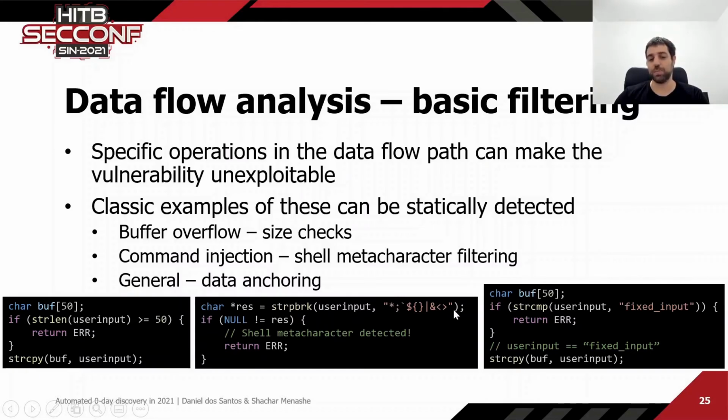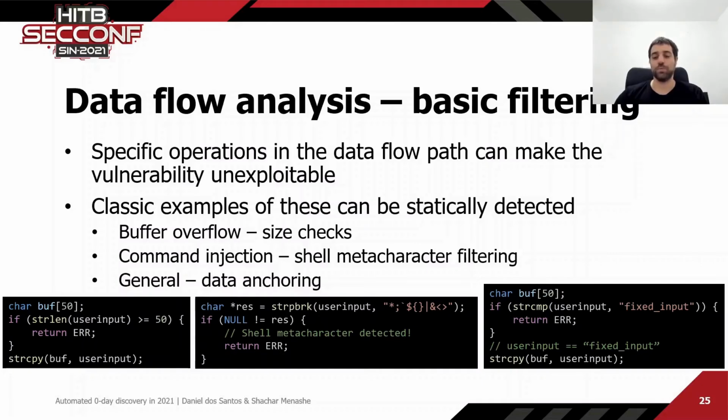And there's also what we like to call data anchoring. So for example, sometimes you have a user input, but actually it's getting checked to be matching a very specific thing. And after that point, it's not really considered user input. So in the third example here, we can see if the user input is not equal to fixed input, like the string, then it returns an error.